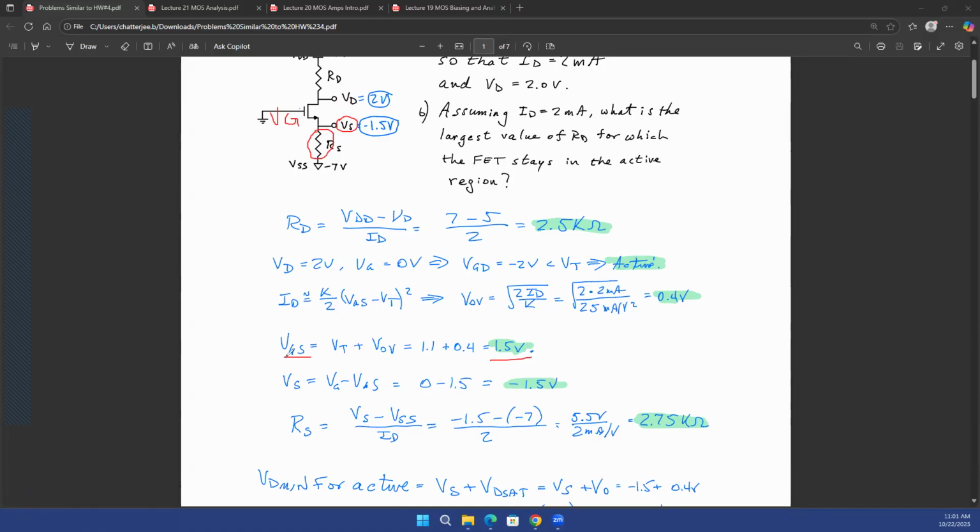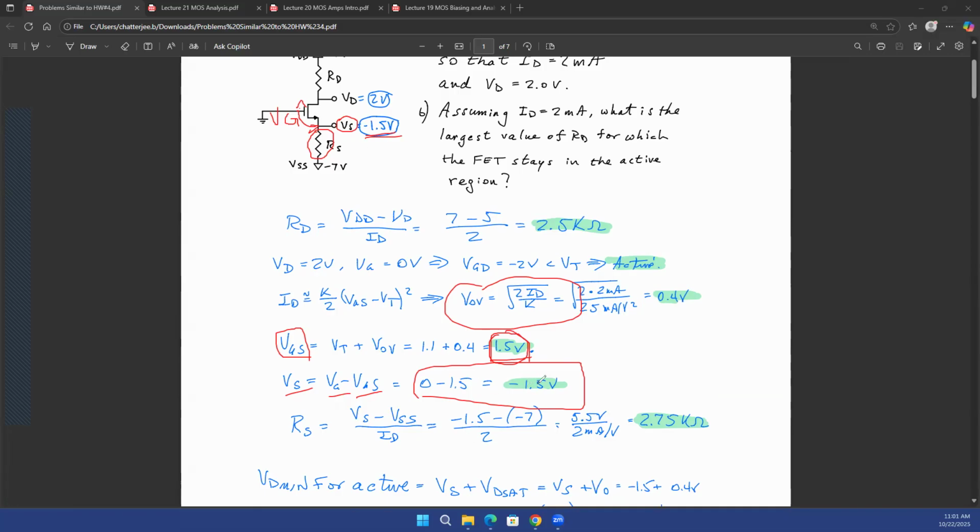But now that you know your VGS from this transistor equation, you can write your VS, which is VG minus VGS, that is equal to minus 1.5 volt. So 0 volt is your VG. The voltage drop from gate to source is something that you found out to be 1.5 volt. So that means that the source is at minus 1.5 volts.